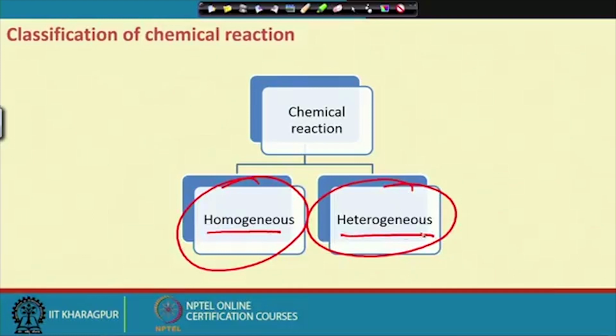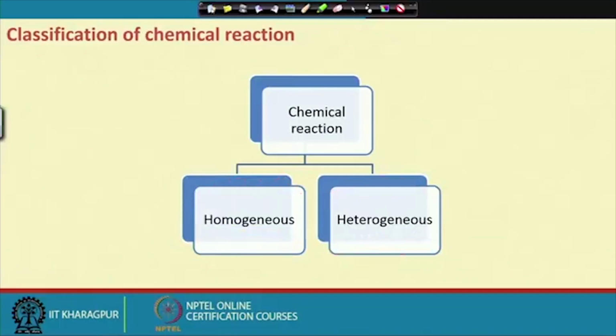Now, mostly homogeneous reactions take place in either the gas or the liquid phase. In the case of a heterogeneous system, the reaction takes place in more than one phase, that means either gas-liquid, liquid-solid, like this. At least more than one phase is present in this reaction. The basic difference between homogeneous and heterogeneous reaction is that in a homogeneous reaction, the reactants are freely interacting with each other to give the product.